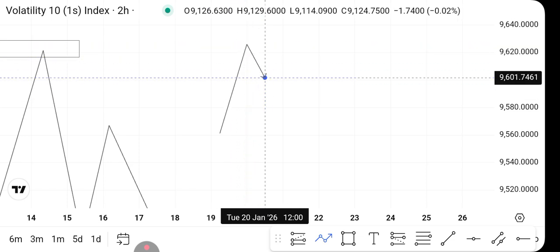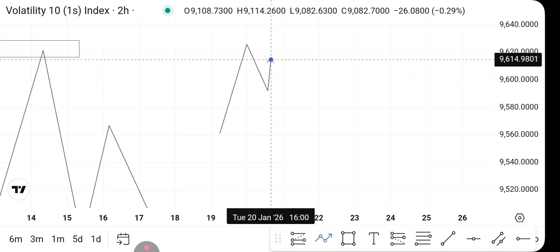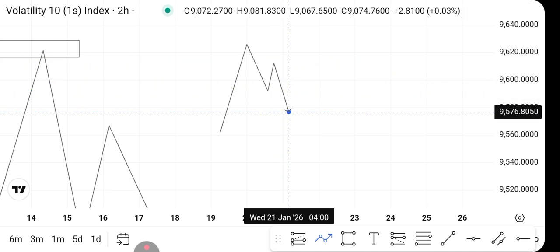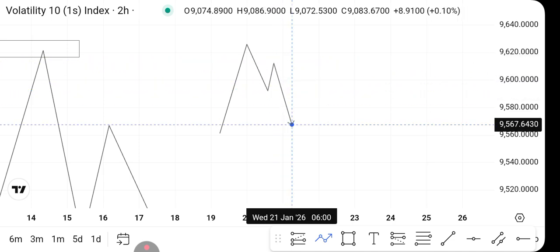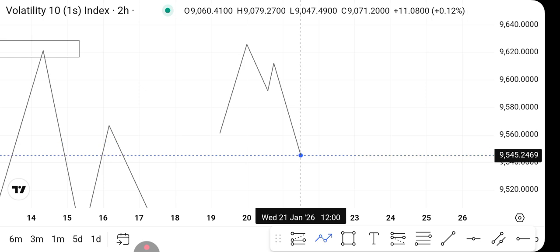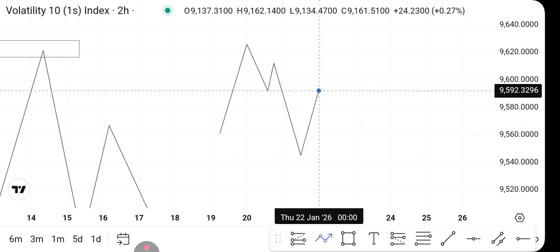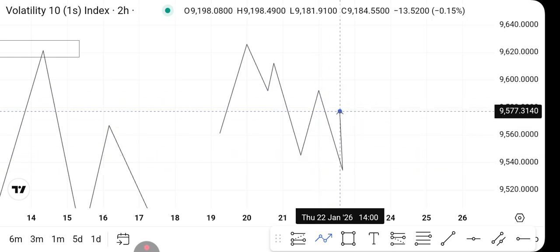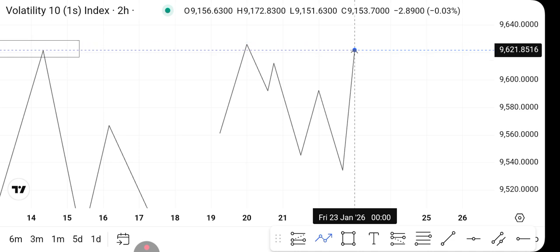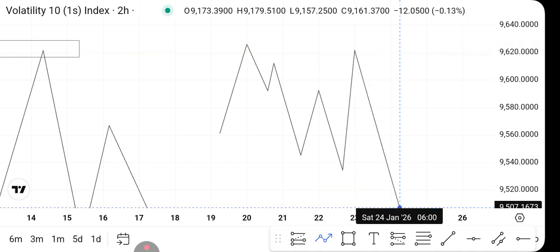So if you have something like this, you have the market come back to, and then this.